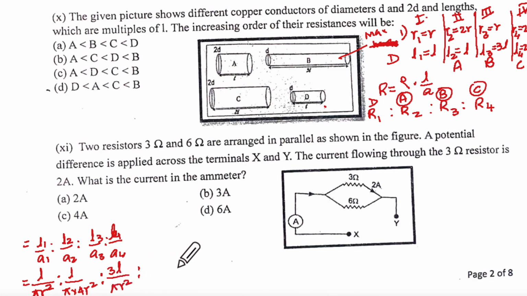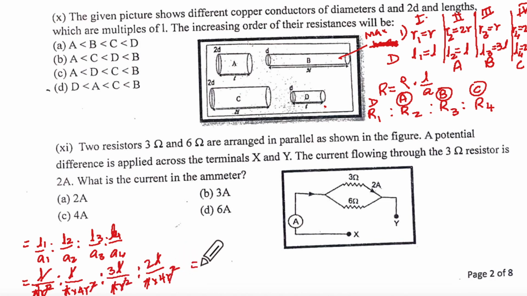Okay, and L4 is how much? 2L only, correct? And the radius is 2R. So pi into 4R squared. Okay, pi got cancelled. L got cancelled. R square got cancelled.